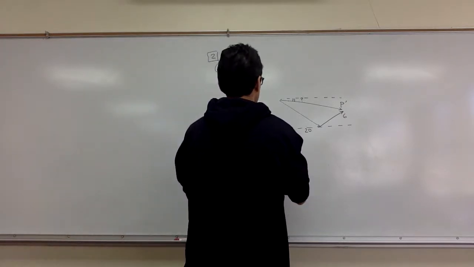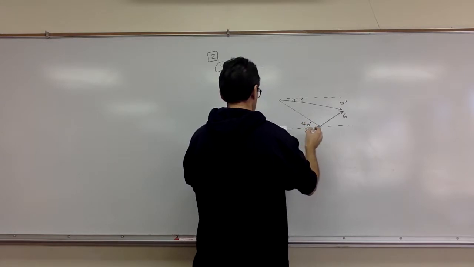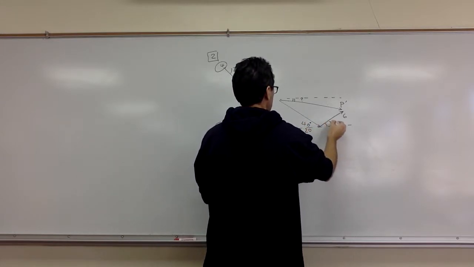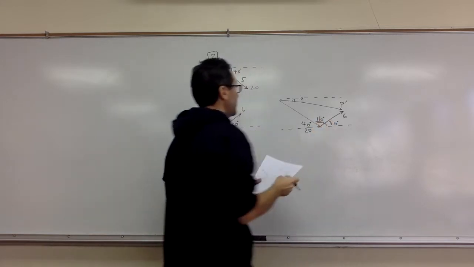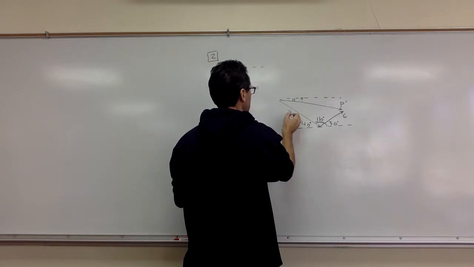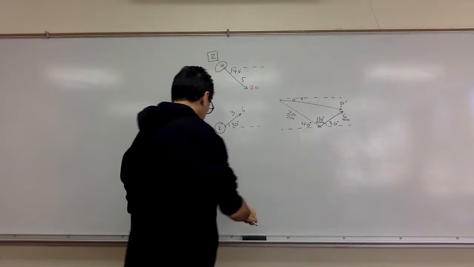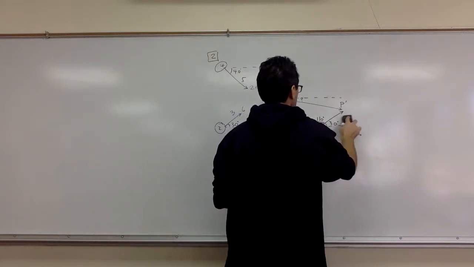So here. Now, this angle here is 40 degrees. This angle here is 30 degrees. So I think I can figure this angle as being 110. And then once I do that, this is 20, this is 6. Maybe I'll write this in red.